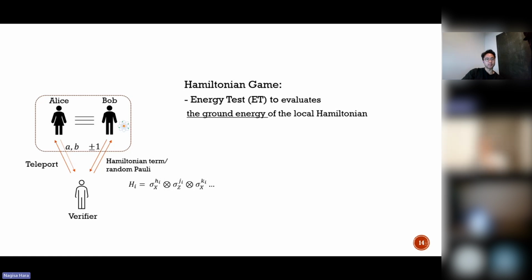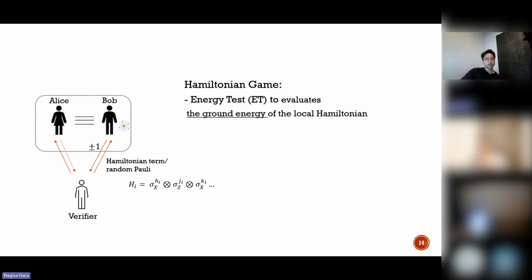In this case, Bob is supposed to do the Pauli measurement on the teleported ground state and respond with the classical communication. In this way, the verifier is able to calculate the ground energy of such a state.